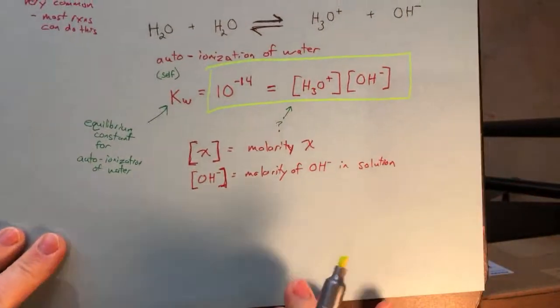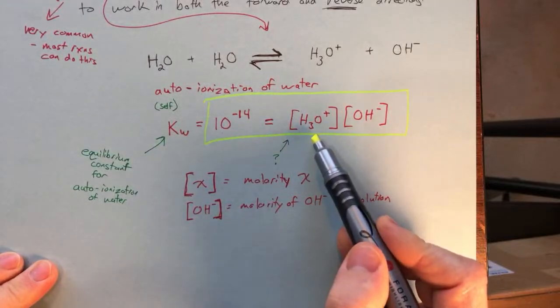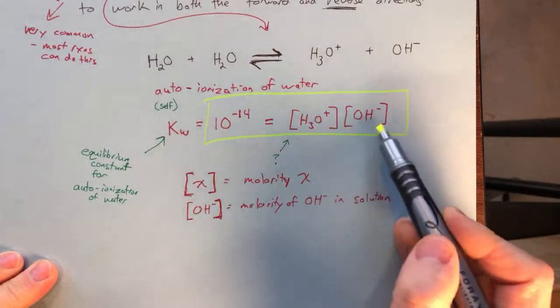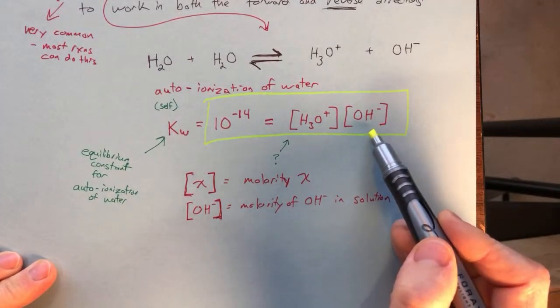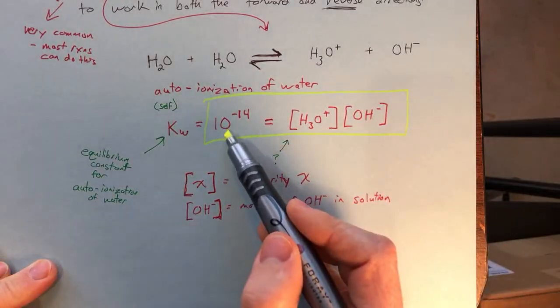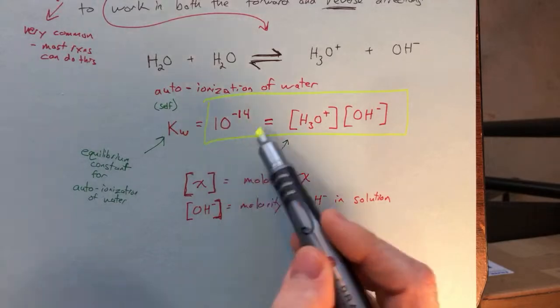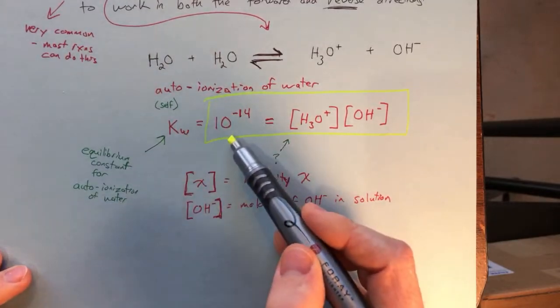And what is that? That is that the molarity of the H plus, or the molarity of the H3O plus, times the molarity of the OH minus concentration in any aqueous solution is going to be 10 to the minus 14. Okay? Now, I should say that this number can change a little bit based on the temperature, but for the most part, it's going to be a constant.